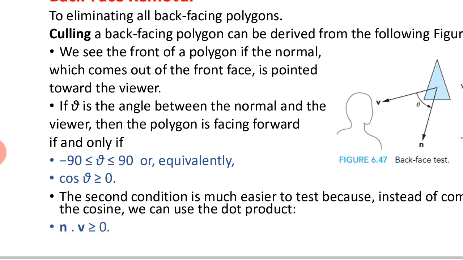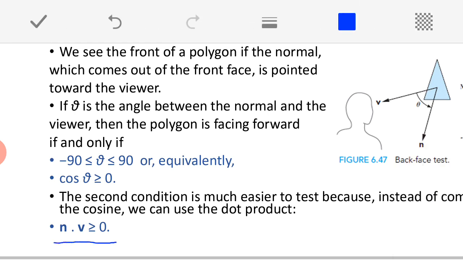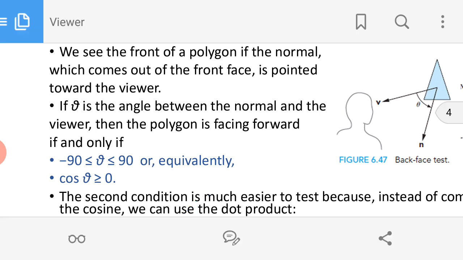Another way, in terms of dot product: if n is the normal drawn to the polygon surface, and v is the direction of the viewer, then the dot product n dot v should be greater than or equal to 0. This is the condition that holds good. Then I can say whether the face is front side or back side, and automatically I can remove the back face.